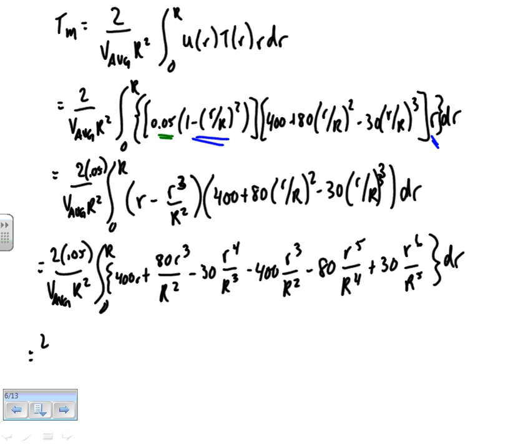So this is equal to 2 times 0.05 over V average cap R squared. Now I'm just going to evaluate that integral.